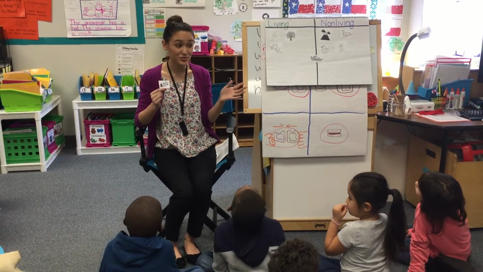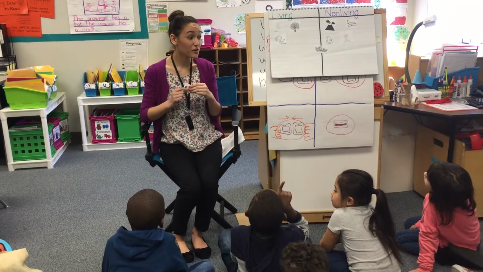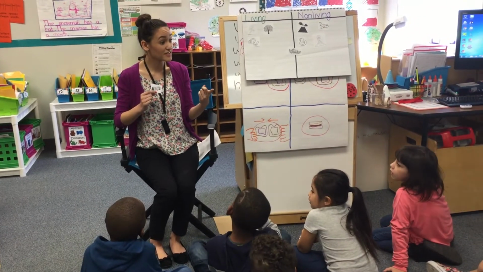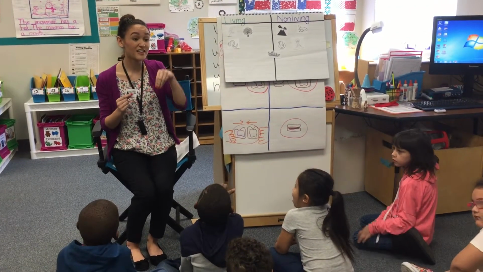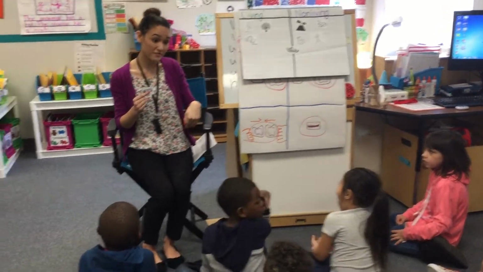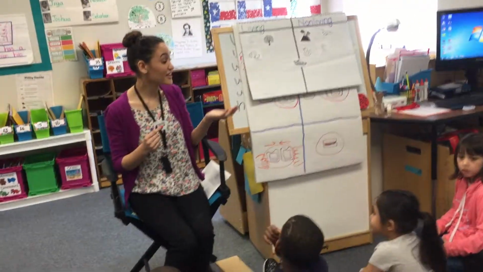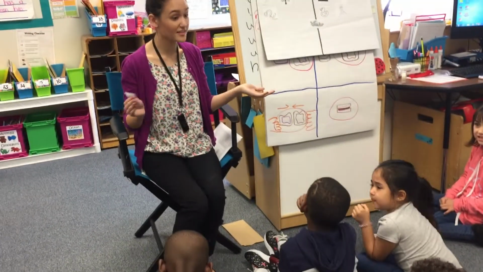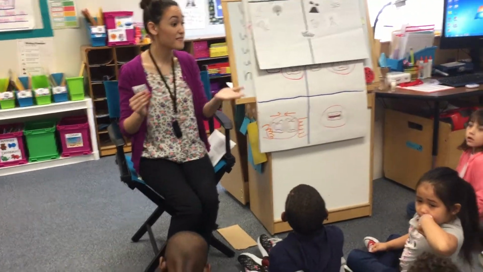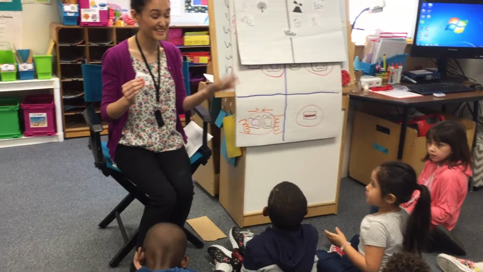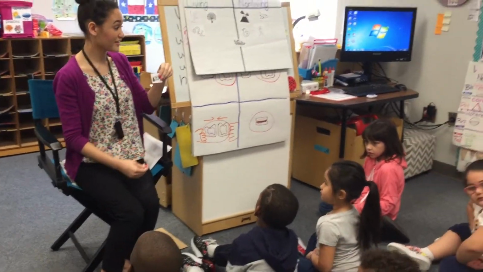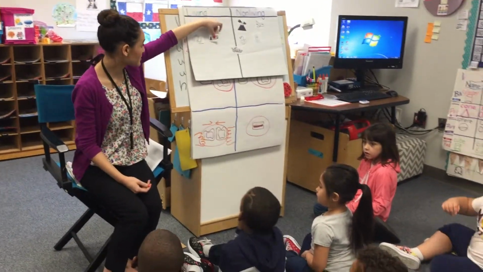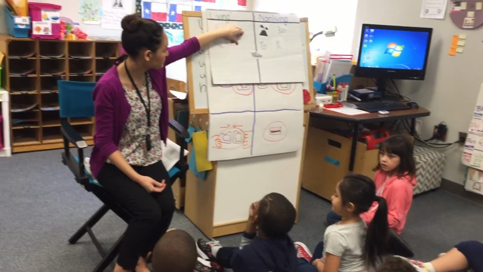I know that's a little bit tricky. So even though, just like you were saying earlier, Jackson, the log is not in the soil, it was cut off, it's still a living thing because it was once living. So anything that has ever lived is still called a living thing. So a log is living, okay? So I'm going to move it to the living side.